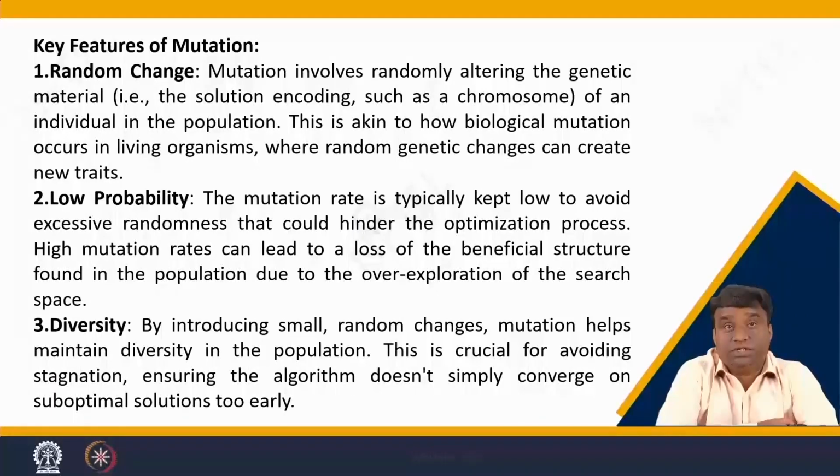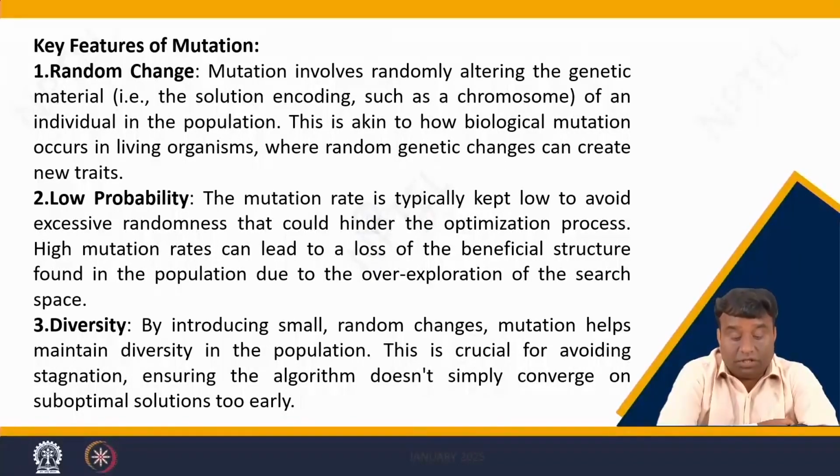Key features of mutation: first is random change. Mutation involves randomly altering the genetic material, that is the selection encoding, such as the chromosome of an individual in the population. This is similar to how biological mutation occurs in living chromosomes, where random genetic changes can create new traits.